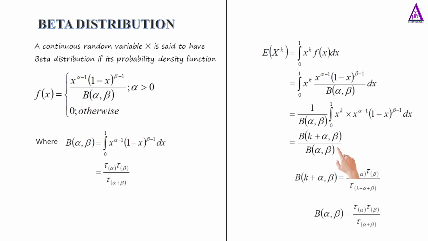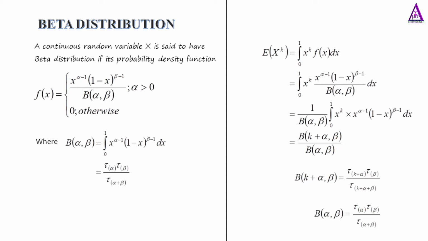This integral is equal to B of k plus alpha comma beta, divided by the one we factorized out, which is B of alpha comma beta.